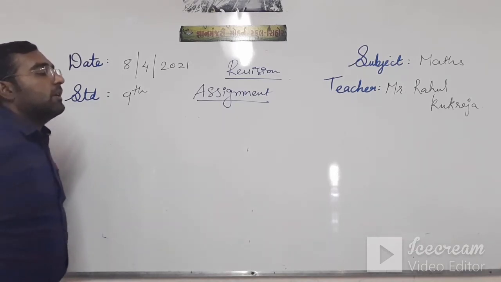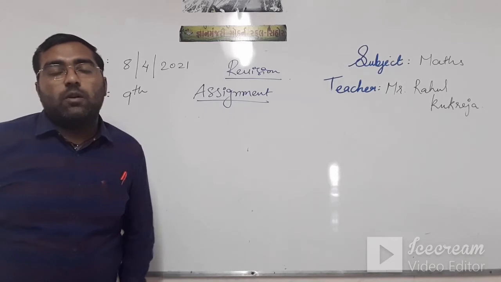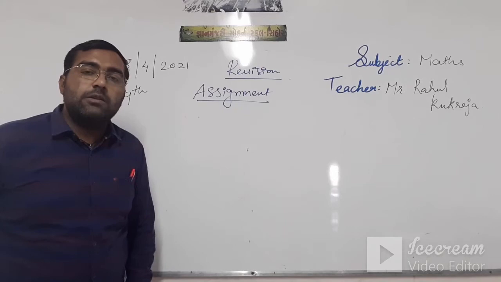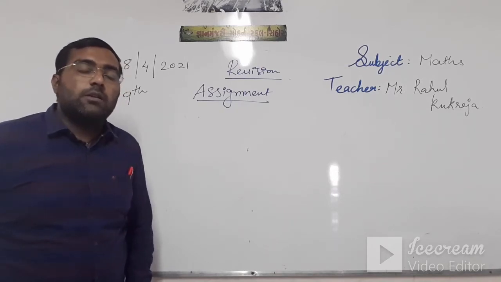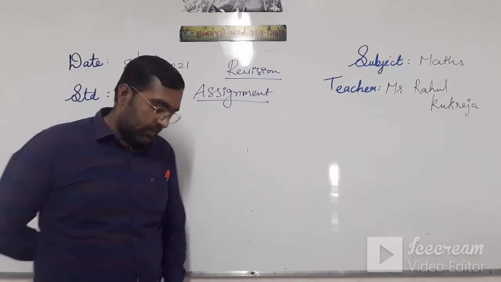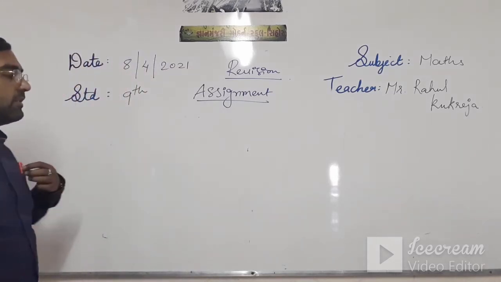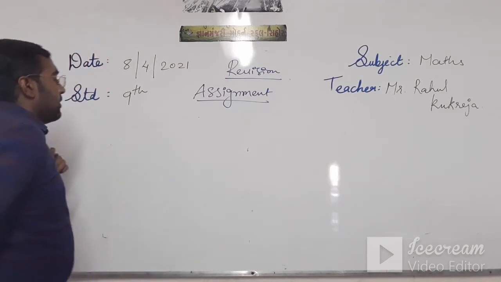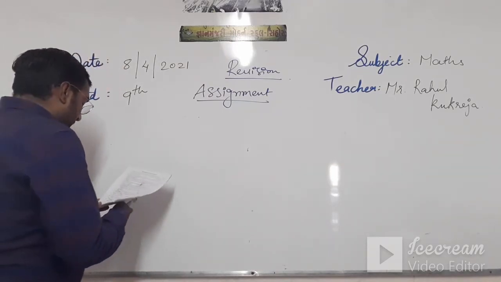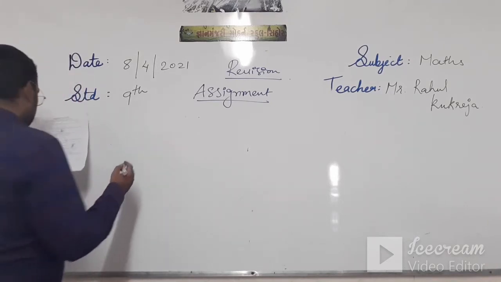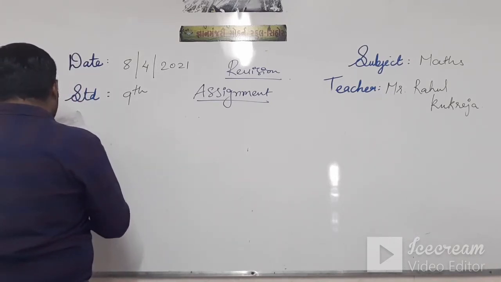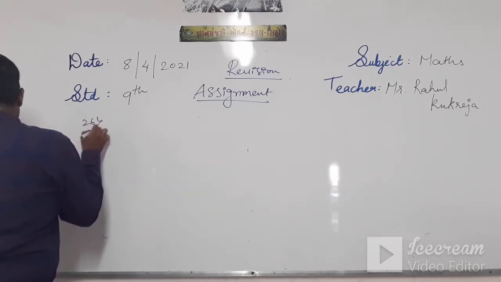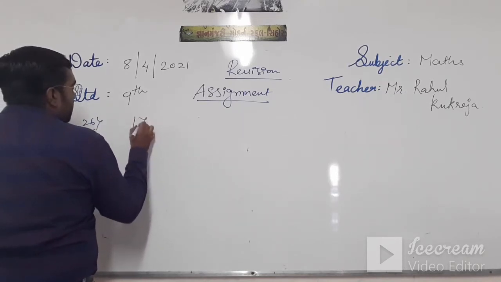So it clearly says to find the median of the following data. Whenever we need to find the median, first of all we have to arrange all the data in ascending or descending order. Clear? So here I will arrange all these observations in ascending order. First I am writing the question here.